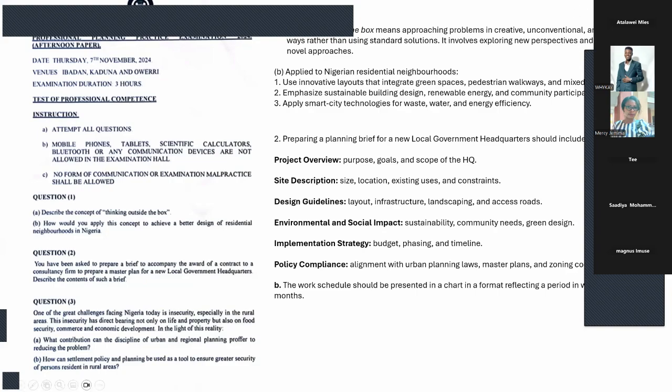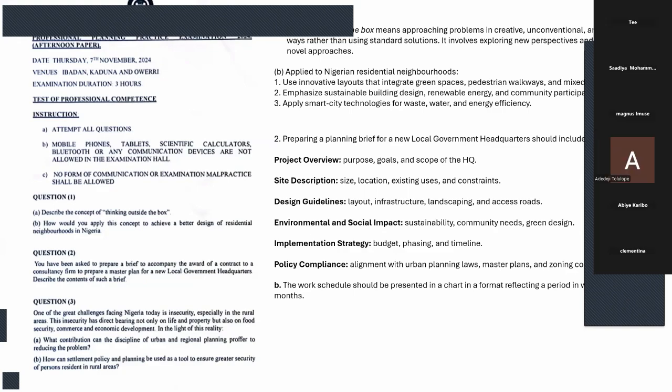And as you know, the master plan is not done for a very short time. It's normally done for a very long time and in phases. Maybe we'll have phase 1, phase 2, phase 3 of implementation. At the first instance, phase 1 will be implemented, phase 2 after 5 years, then phase 3 after another 5 years, and so on.